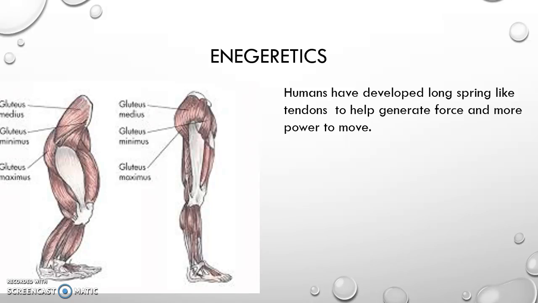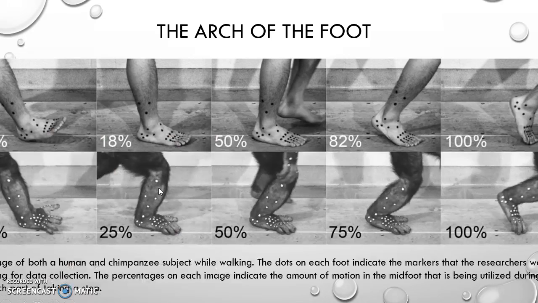So this slide is showing you about energetics, and the human body has developed long spring-like tendons in the legs to generate force. These tendons attach to the foot, and in return the human foot has developed an arch. So we see there is a very different muscular structure and more stretched out into the human leg versus the chimpanzee leg or ape leg on the left.